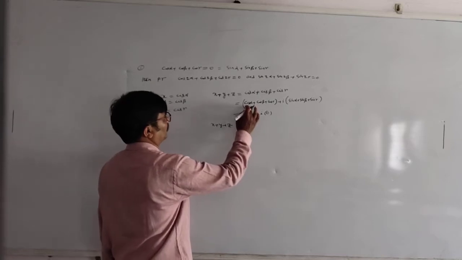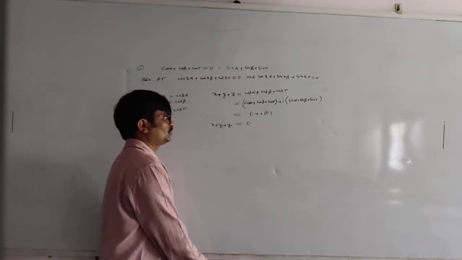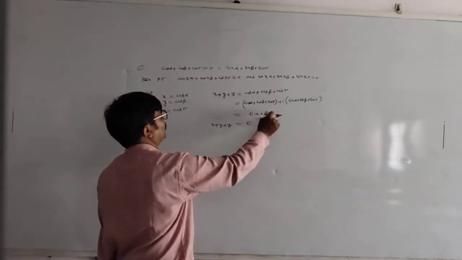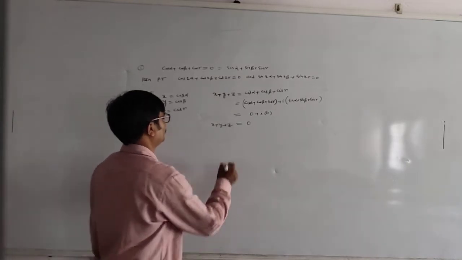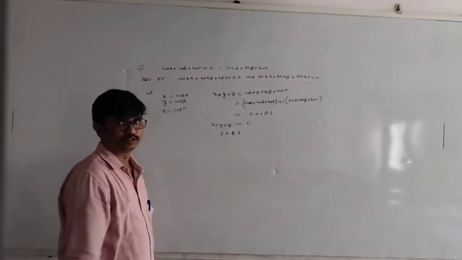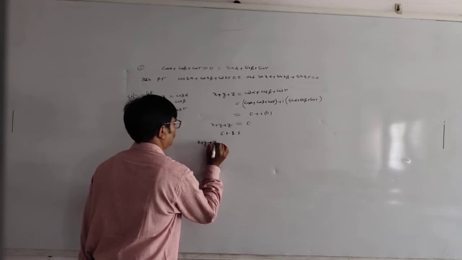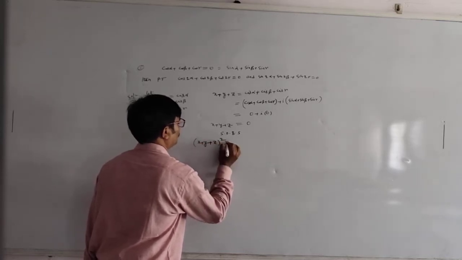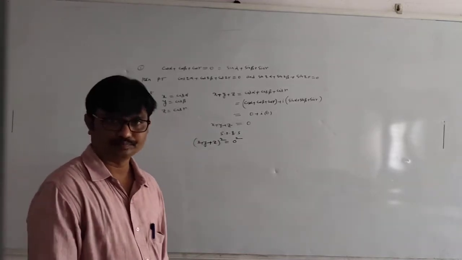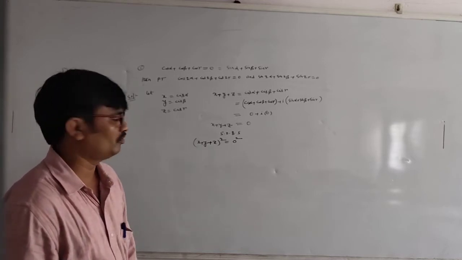So cos alpha plus cos beta plus cos gamma, after that i into sin alpha plus sin beta plus sin gamma, so 0 plus i into 0, which is 0. Now squaring both sides, x plus y plus z whole square equals 0 square.